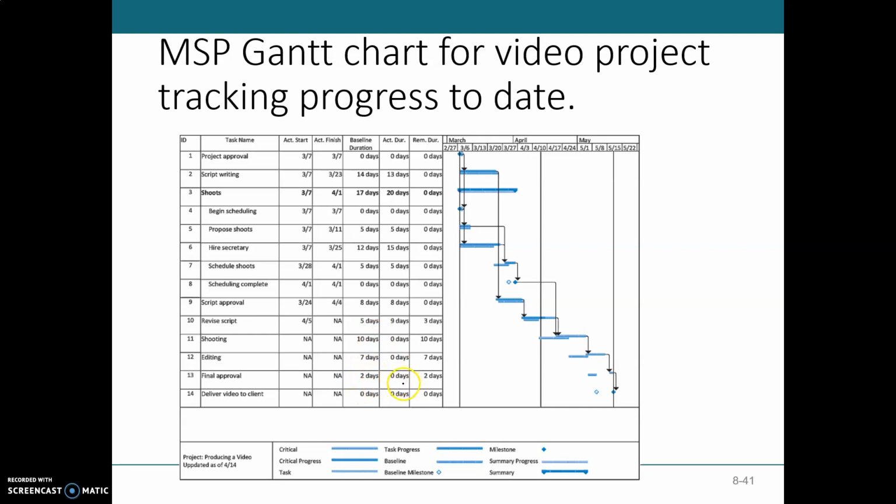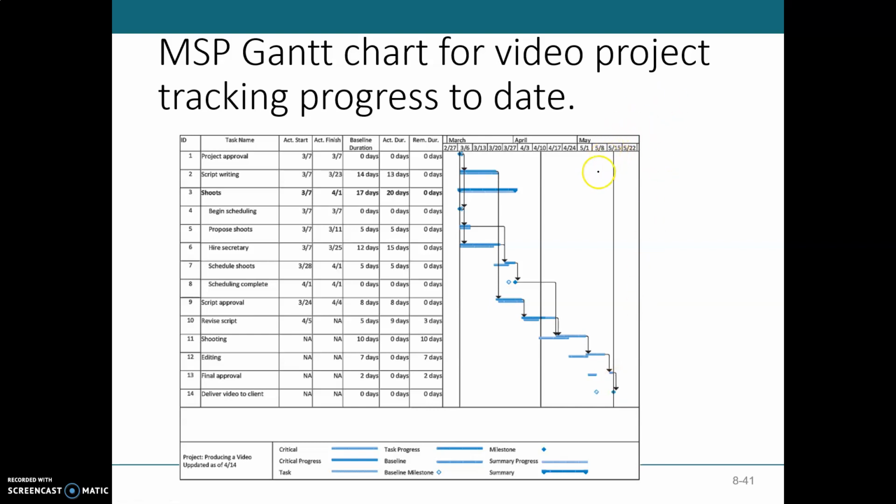So in a nutshell, you can see that the project was delayed by some days. For example, over here you can see that the finishing milestone, delivering of the video to the client, was originally for this date, which is about 10th of May. But now this finishing date is here, which is about 16th or 17th of May according to this scale.